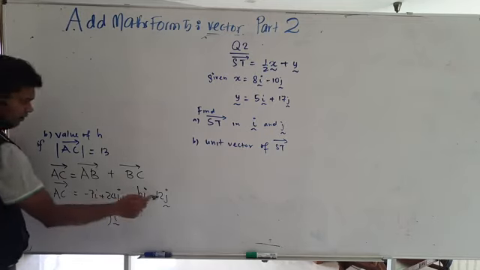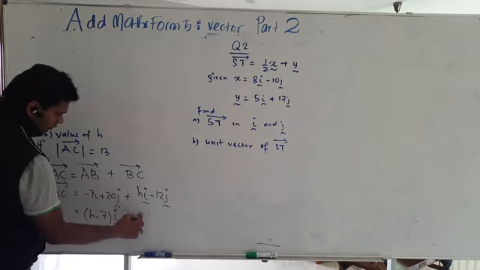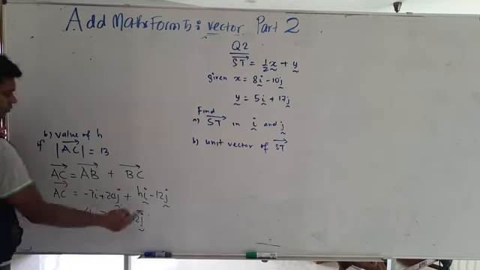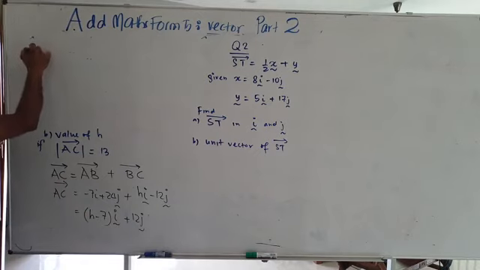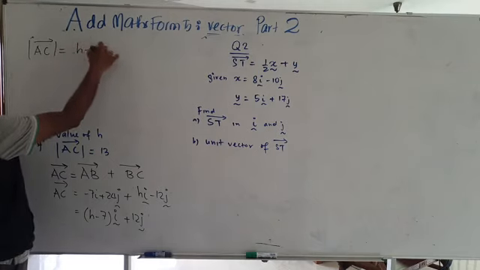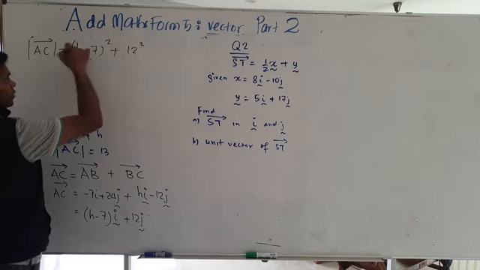And then the j and the j, minus 24 minus 12, you will get positive 12j. You see that? So let's do the magnitude, finding the length, similar to Pythagoras theorem. So the magnitude of AC is equivalent to h minus 7 squared plus 12 squared, square root.